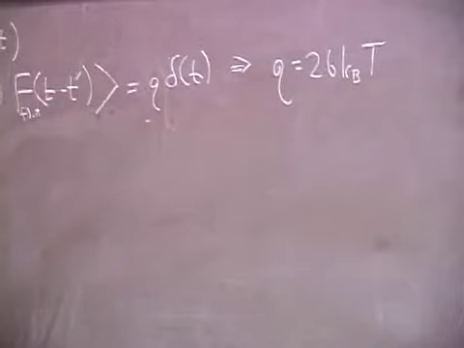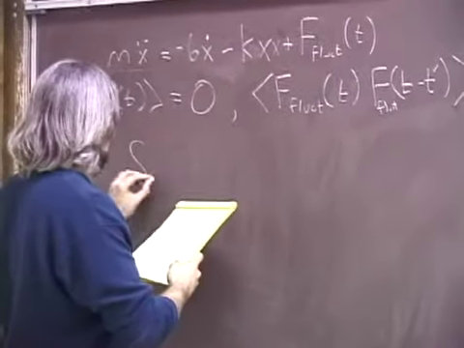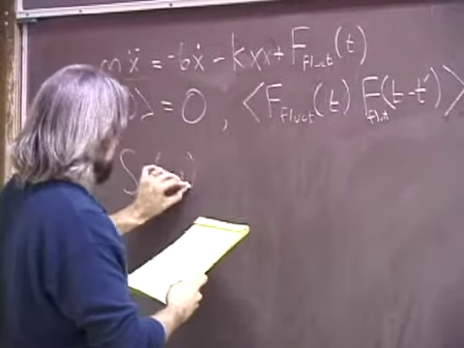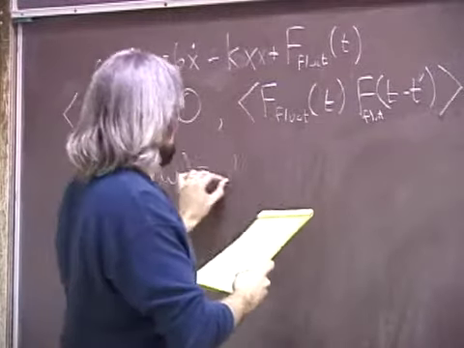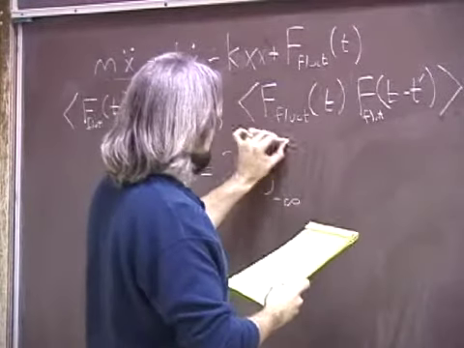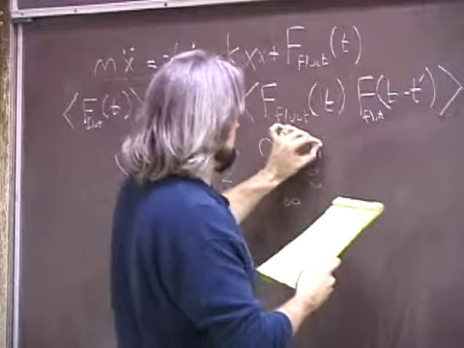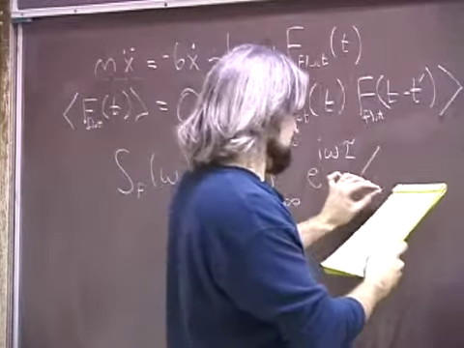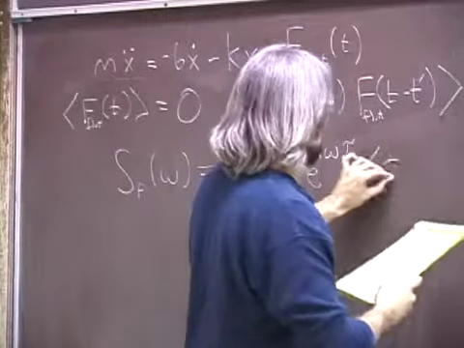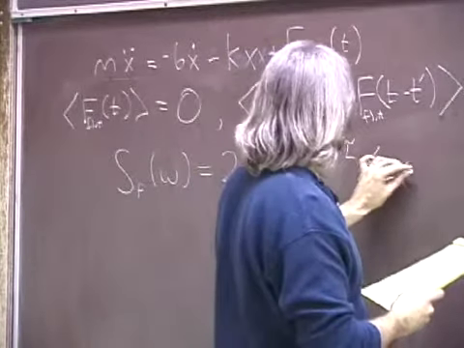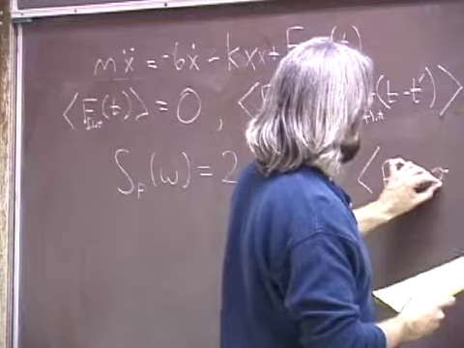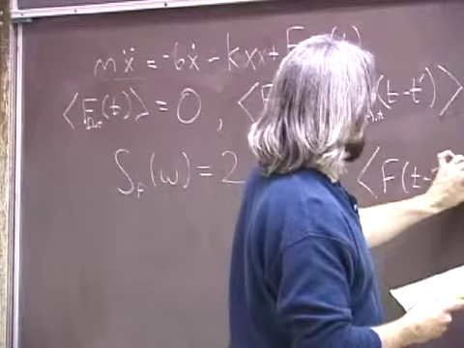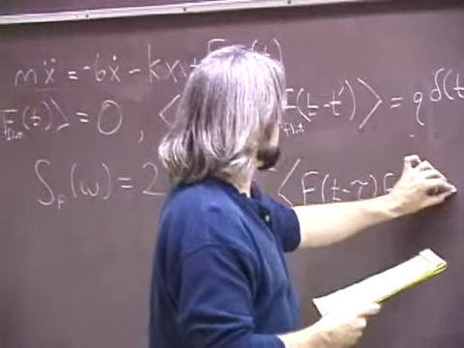We can then find the spectral density of this force, which is just given by the integral, the Fourier transform of this two-time correlation function. So this is the Wiener-Khinchin formula.